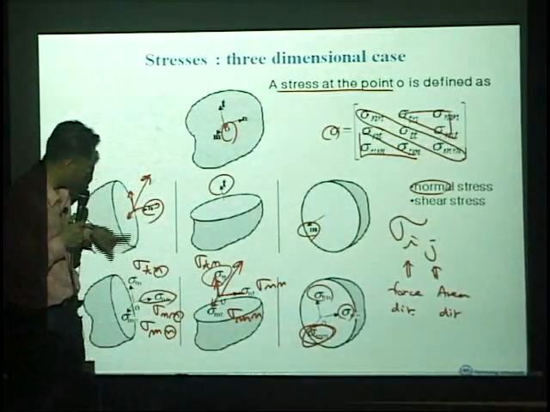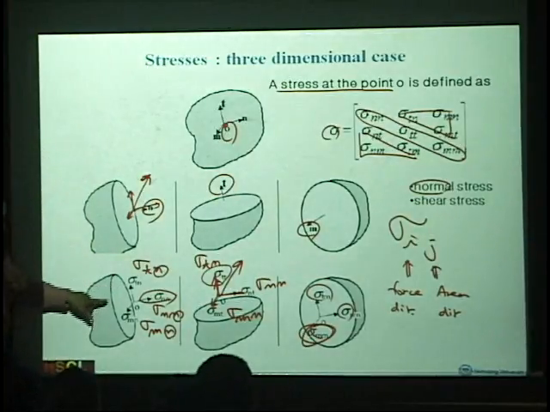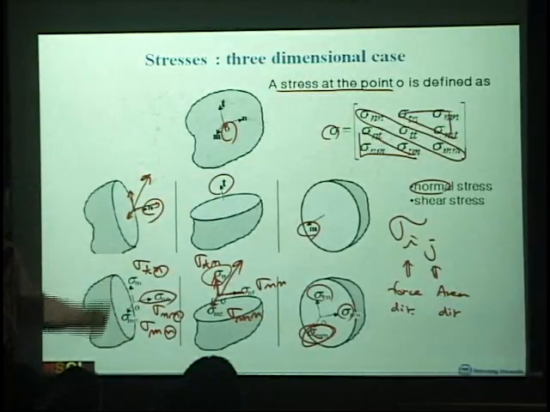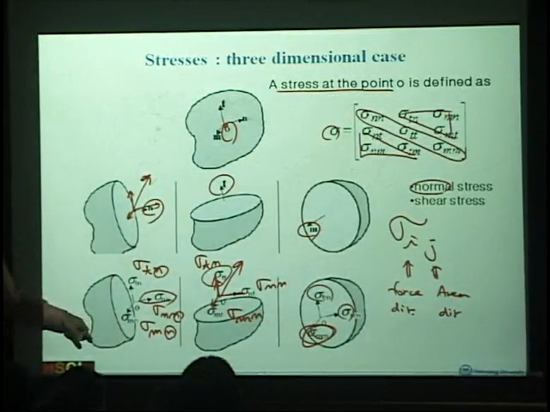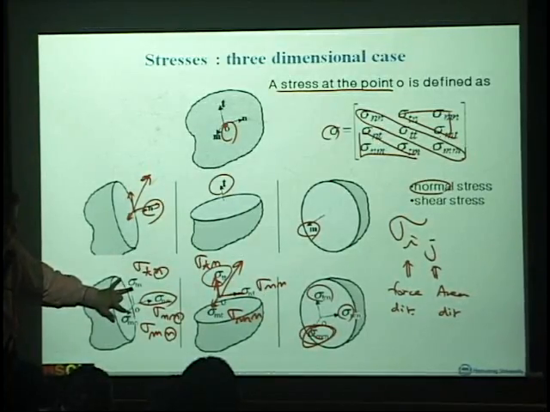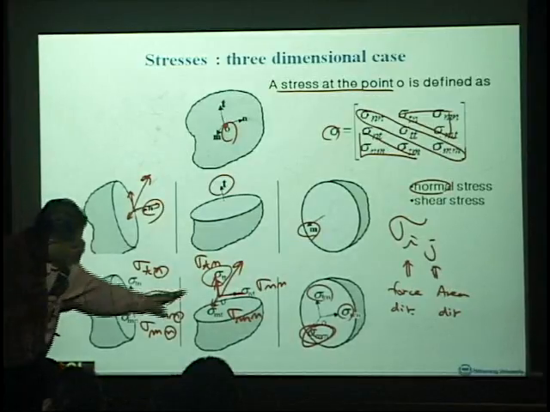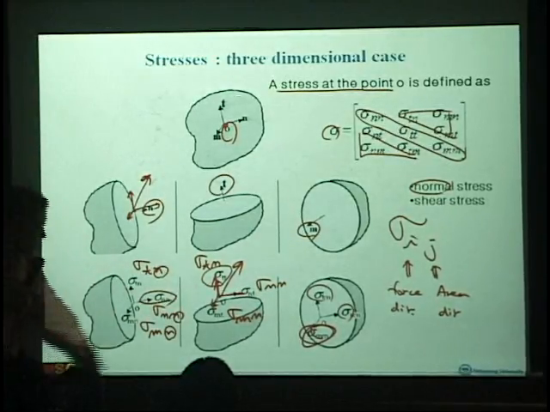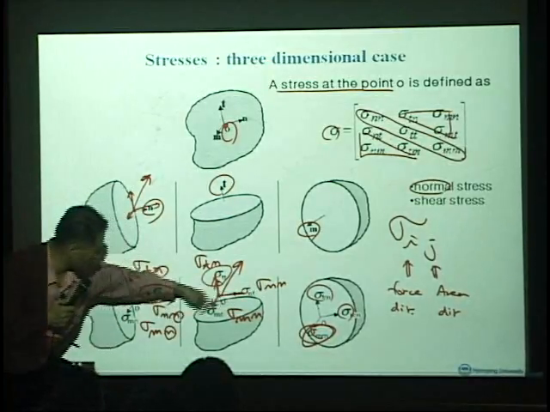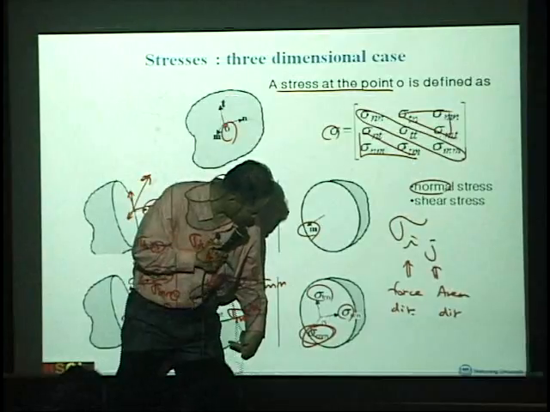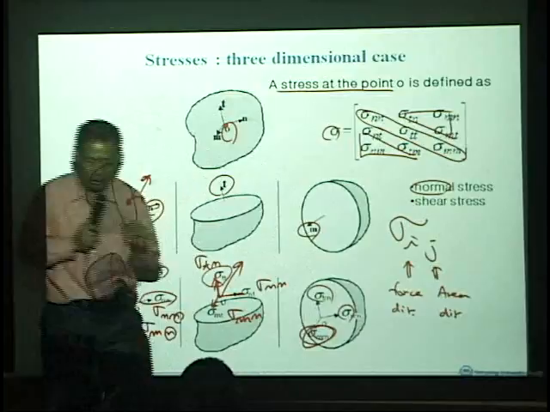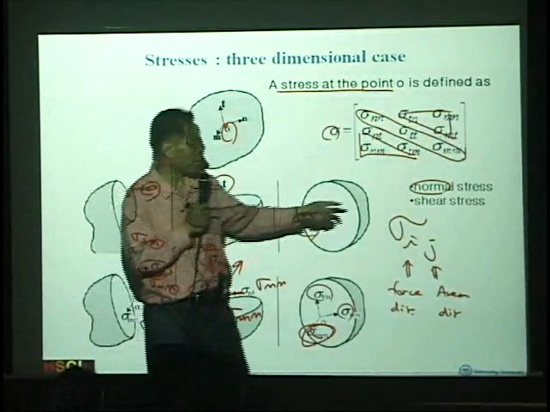Here we have an N direction, and this is the T direction, or this is the M direction. So those two directions are different from this normal direction. Same for NT and MT. So they are called shear stresses.